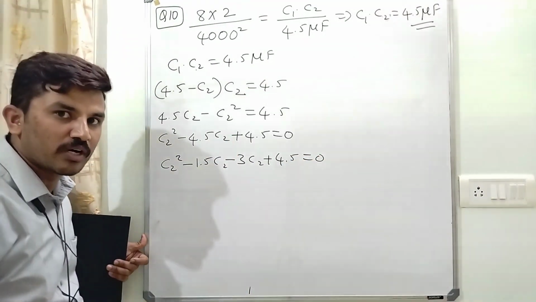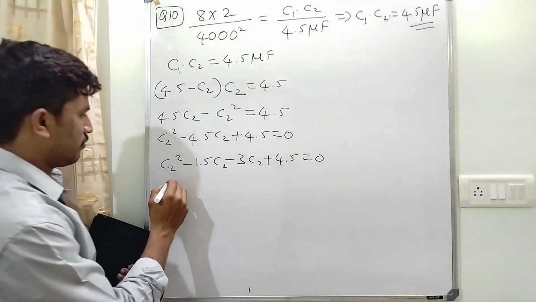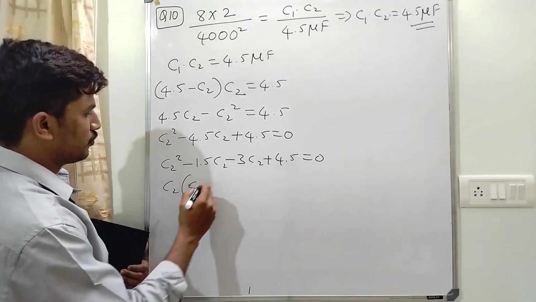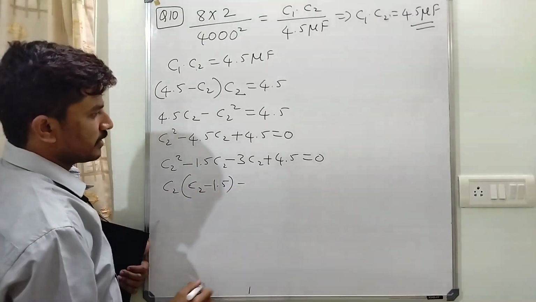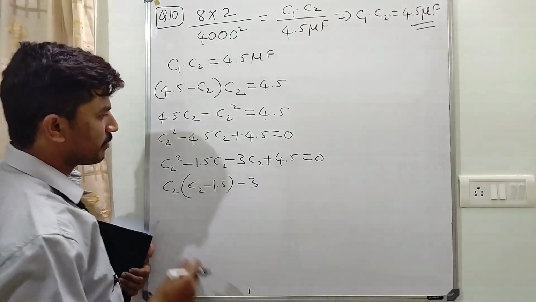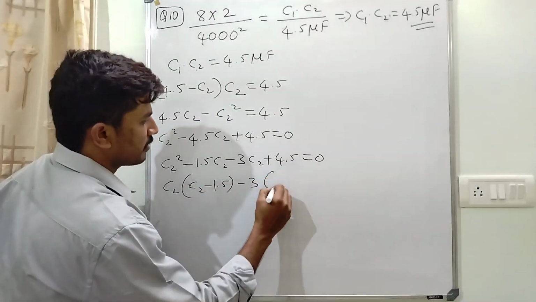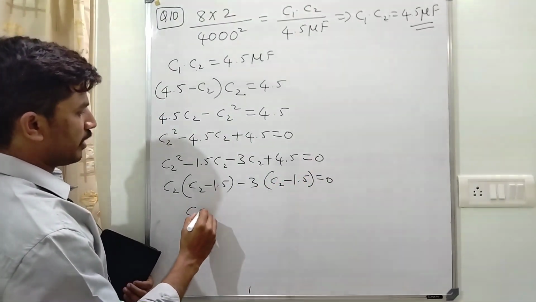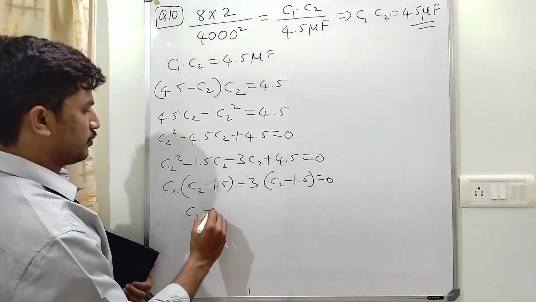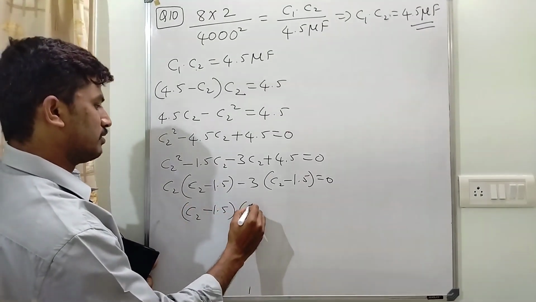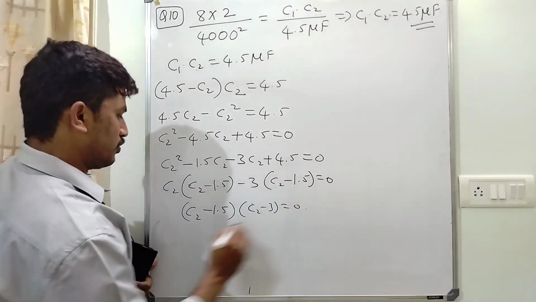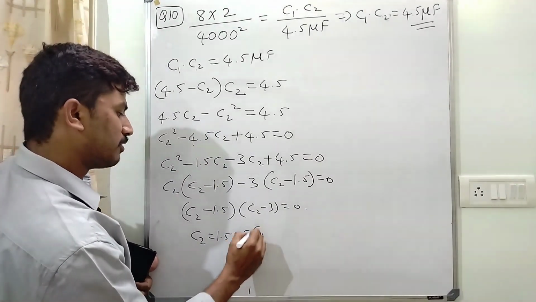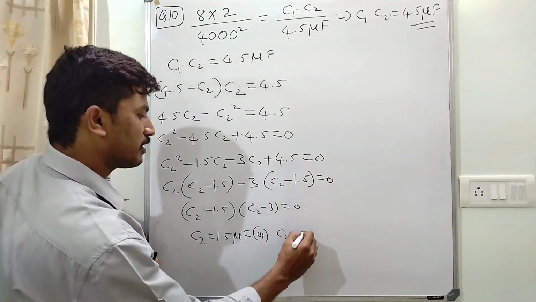Now take C2 common from the first two terms: C2 into C2 minus 1.5, and take 3 common: minus 3 into C2 minus 1.5, is equal to 0. So C2 minus 1.5 into C2 minus 3 is equal to 0. So the C2 value will be 1.5 microfarad, or 3 microfarad.